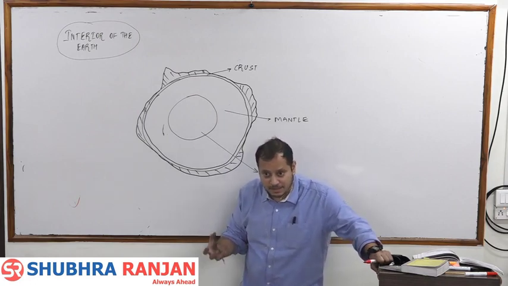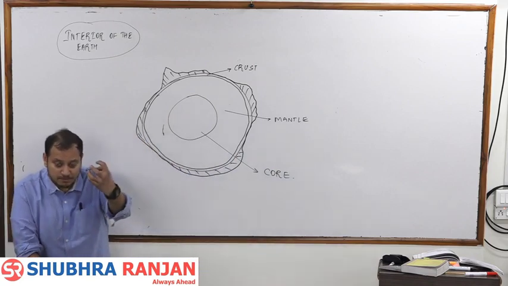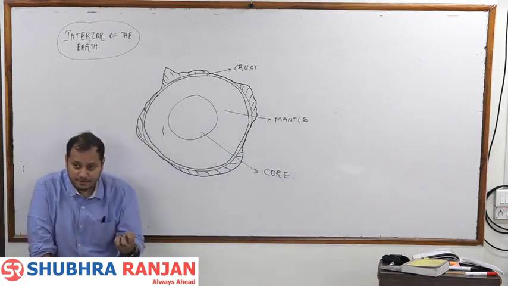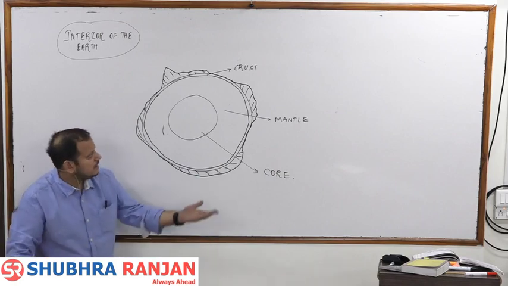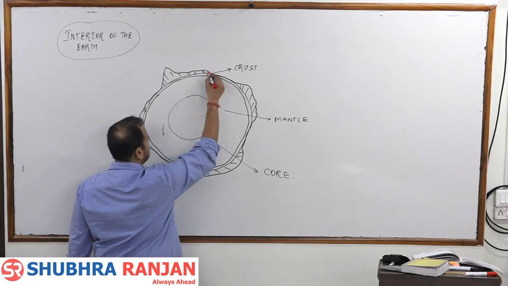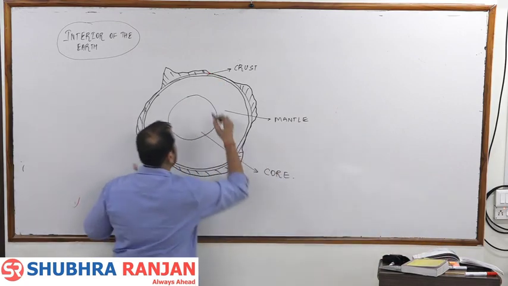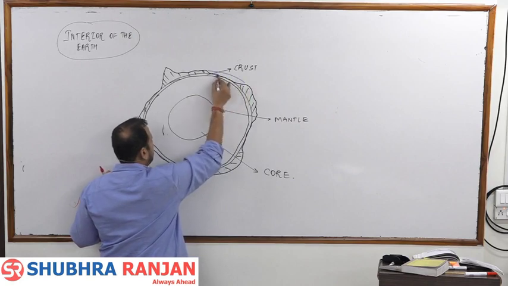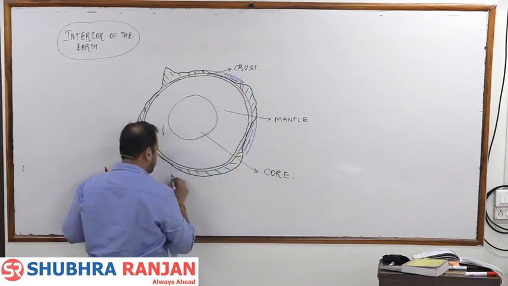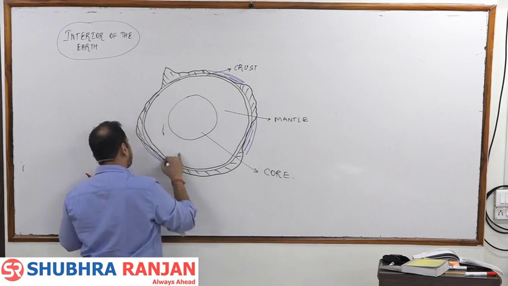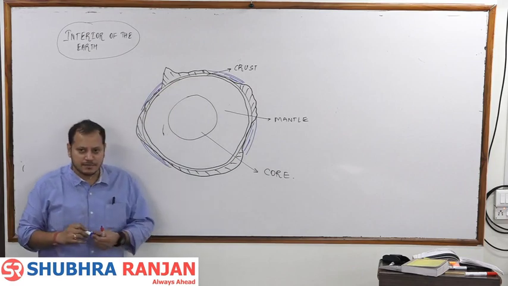Because its density is greater, there was a stronger pull of gravity on it, and it collapsed. Then centuries of rainfall resulted in the formation of oceans. So the majority of the earth is under the oceans, and on the continents we are living.